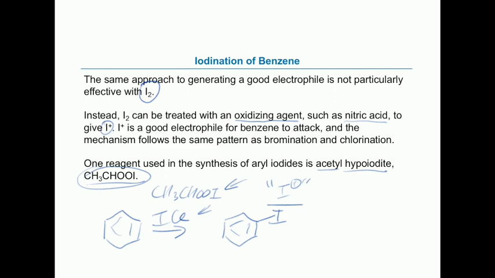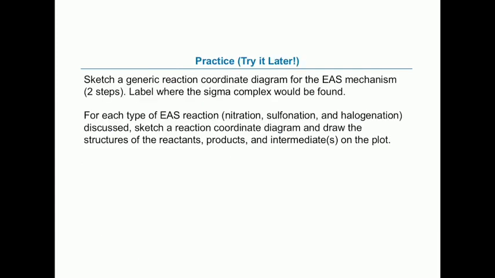Same mechanism we've seen before, though. Now for the try it later, we're asking you to sketch a generic reaction coordinate diagram for the electrophilic aromatic substitution, labeling the sigma complex that we form.